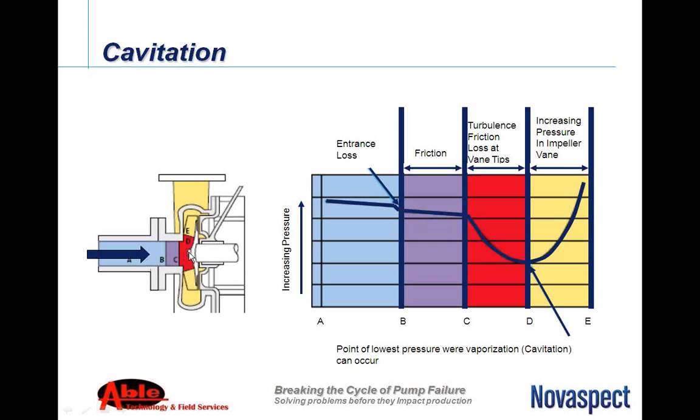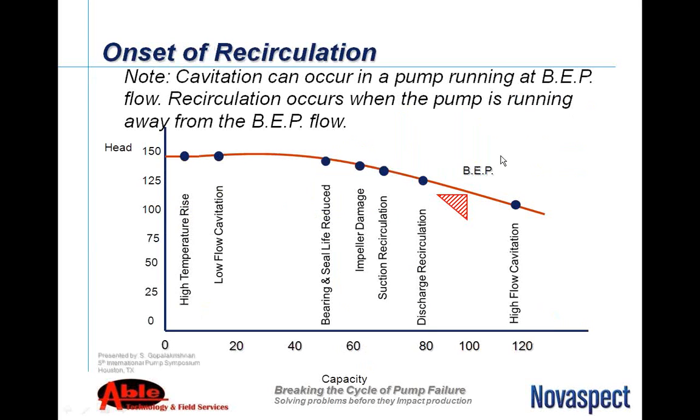So as this comes in, it's going to meet this impeller, and you have friction right here at this point, which is B and C. You start seeing more pressure drop, and you have turbulence right in front of the impeller, and that's where you get your lowest pressure. And if that temperature and type of fluid hits your vapor pressure point, it's going to vaporize, and that is what you're talking about as far as cavitation.